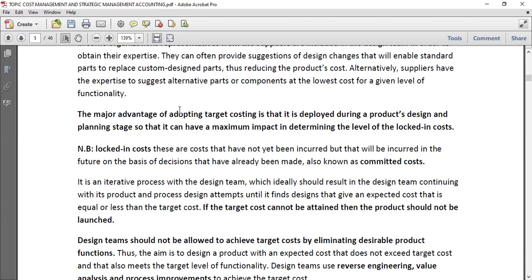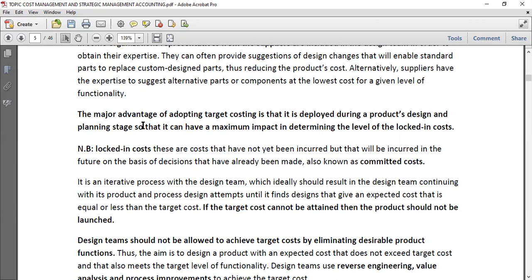Before we even produce, we are already setting our target price, as well as getting down to our target cost. So it is advantageous compared to the standard costing method, where we first have to get into production and then determine the cost.